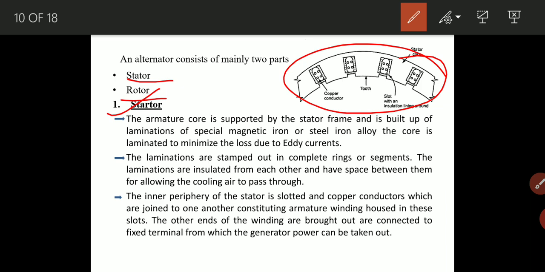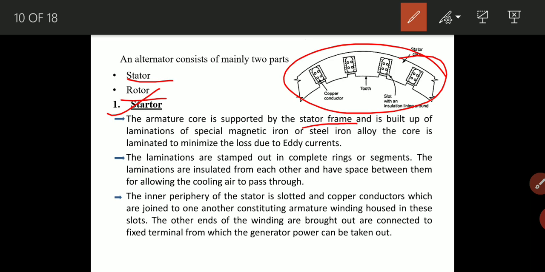But no such function is there in the case of an alternator. Here the function of the stator frame is to support only the armature core. And the stator frame is built up of laminations of magnetic iron or steel iron alloy.